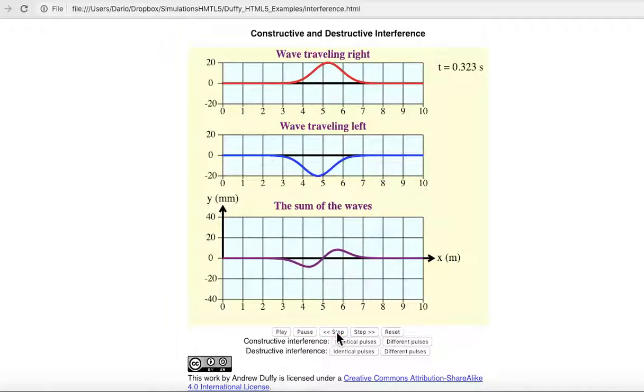This illustrates the basic principle of superposition that happens for waves and for many other concepts and situations in physics. The principle of superposition says that, in this case for waves, the resulting displacement of a wave is the algebraic sum of the displacement produced by each one of the individual waves that are traveling in the medium.